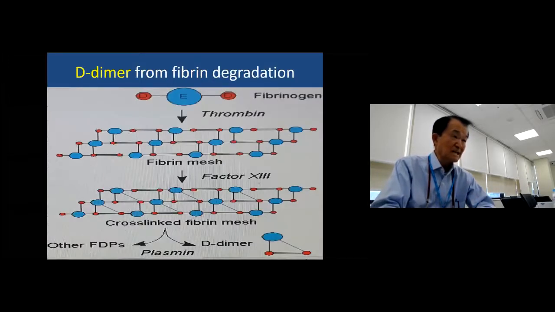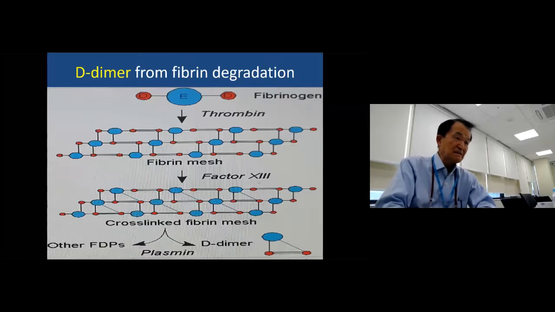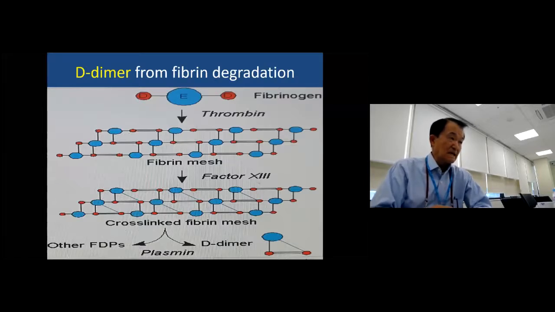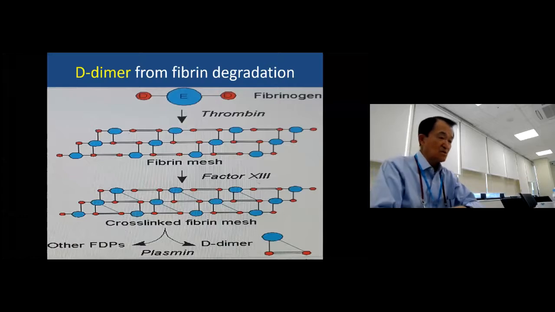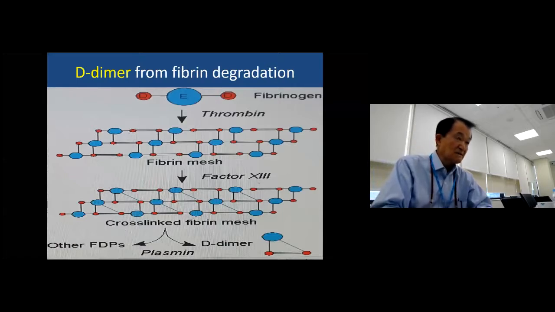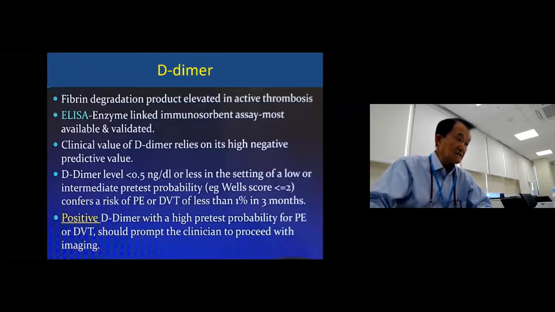Okay, the D-dimer is a fibrin degradation product. It has higher sensitivity but very low specificity, as I mentioned earlier. So that's why it's useful to check. Positive, high sensitivity.